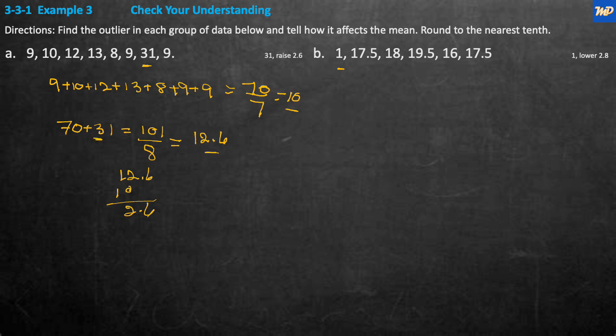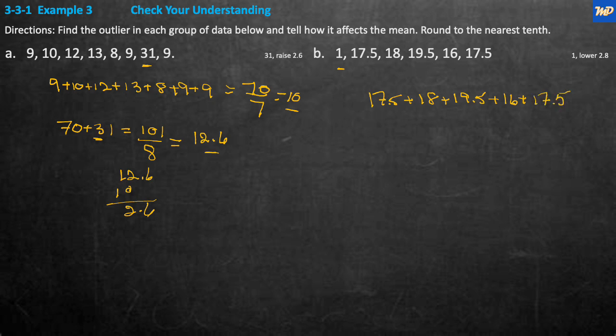Now, if we go over here to this other one, we already determined that 1 was the outlier. We're going to add 17.5 plus 18 plus 19.5 plus 16 plus 17.5.